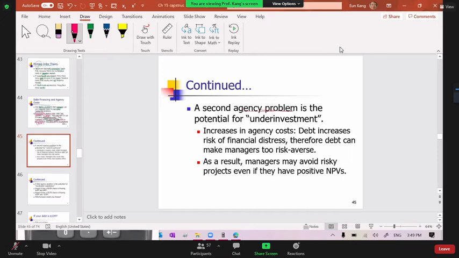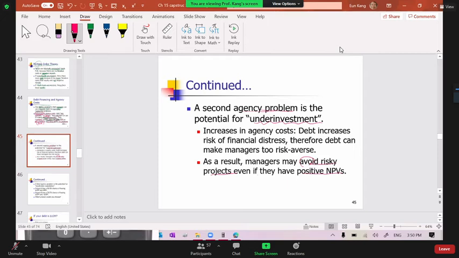The agency problem is underinvestment. Okay, that is what managers do. If the company goes bankrupt, they lose their job, right? So they try to avoid risky projects even if they have positive NPVs, right?